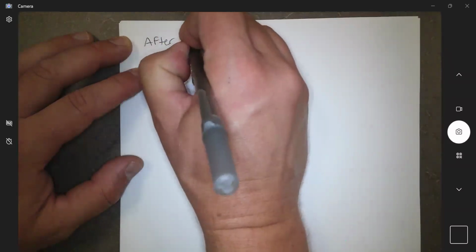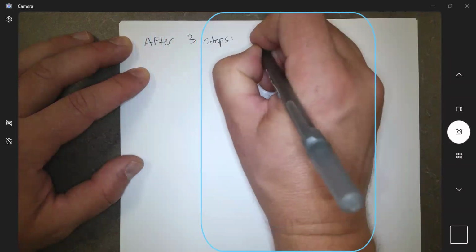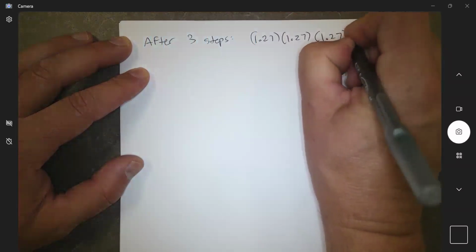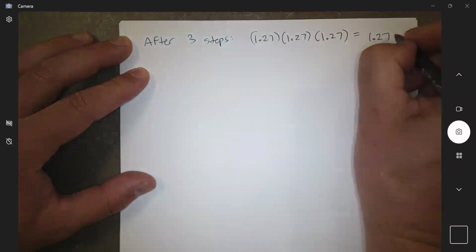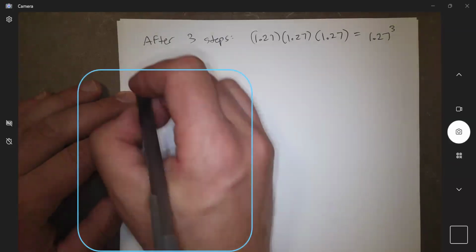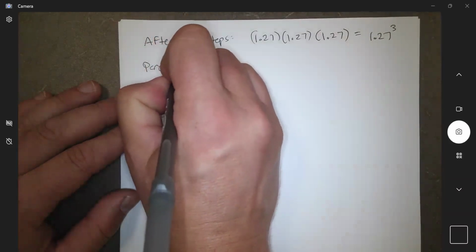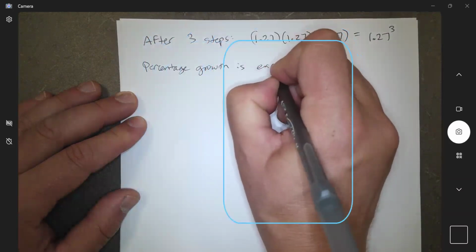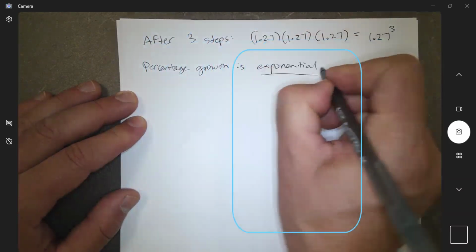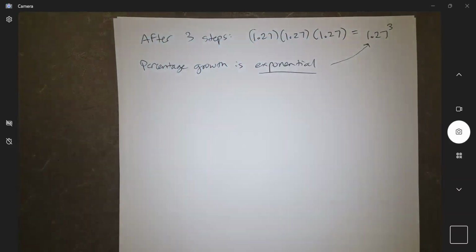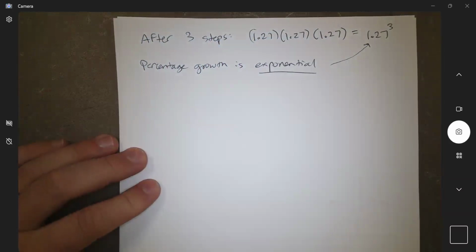After 3 steps, I have 1.27 times 1.27 times 1.27, which I could rewrite as 1.27 to the third. So that means percentage growth is exponential. Anything that grows by percentage growth, anything that grows by repeated multiplication is exponential change.